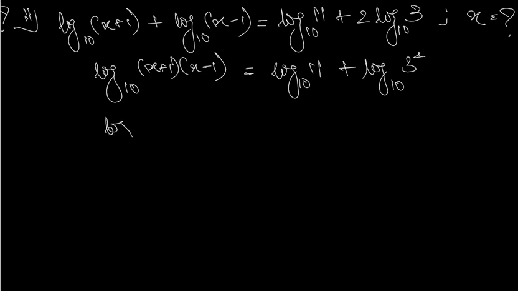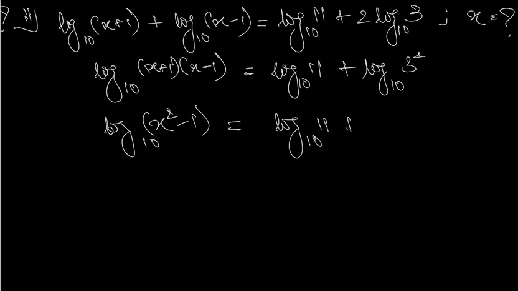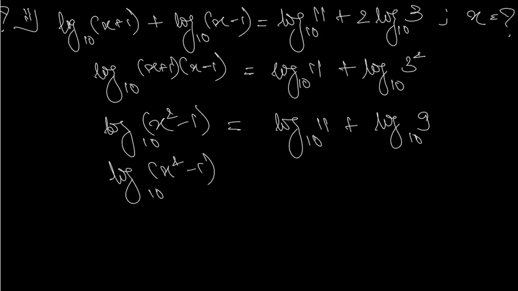This will become log of x square minus 1 to the base 10, and log of 11 to the base 10 plus log of 9 to the base 10. Let us simplify this further.